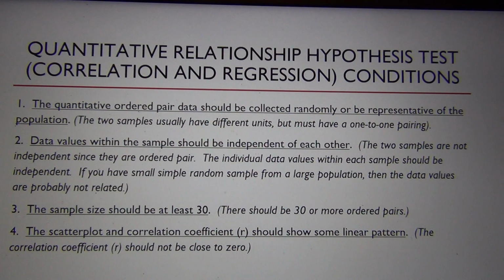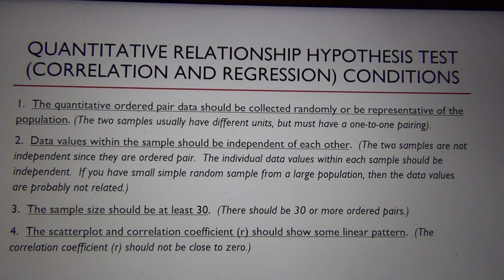The individual observations that you're taking, so their ages or maybe their cholesterol, should not be related to each other. If I was dealing with cholesterol, I wouldn't want people from the same family because they all may have similar cholesterol levels just based on genetics. Of course, our sample size should be at least 30, so we should have 30 or more ordered pairs.